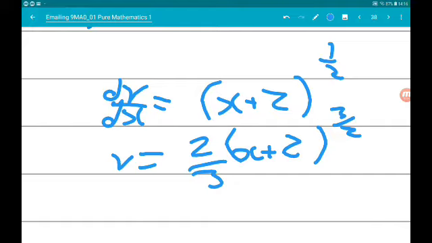So if we did that using the chain rule, the derivative of x add 2 is just 1. If we differentiate the bracket, 3/2 times 2/3 leaves us with 1, and the power goes down to 1/2. Cool.